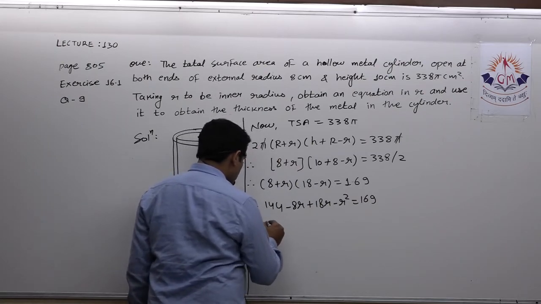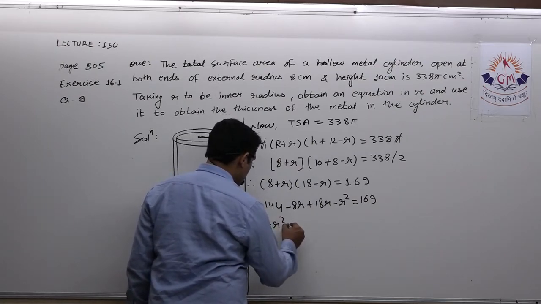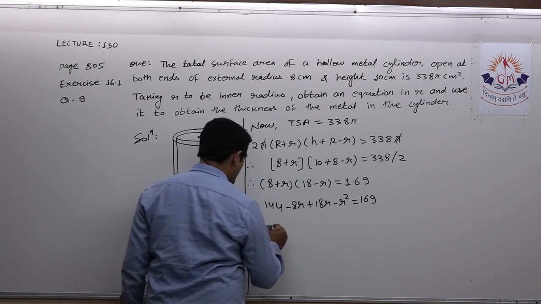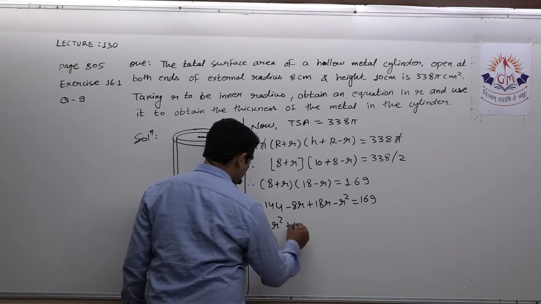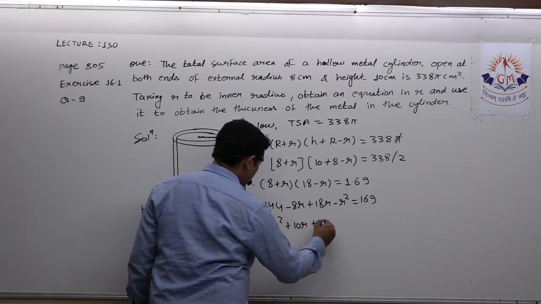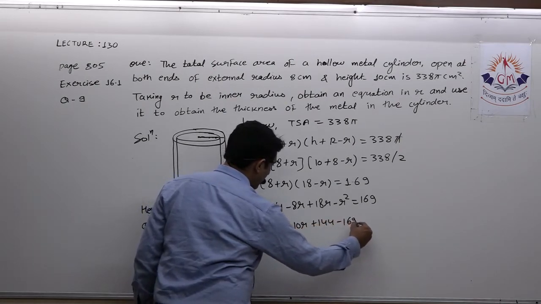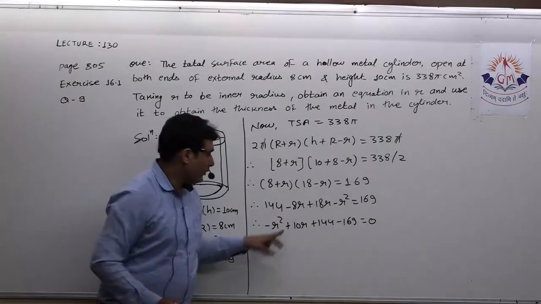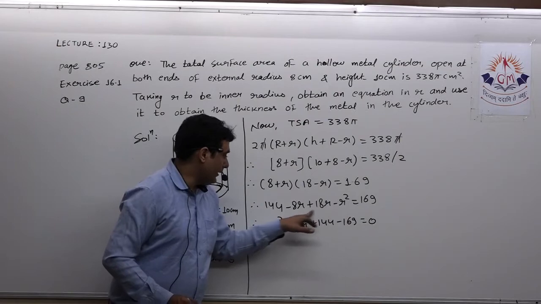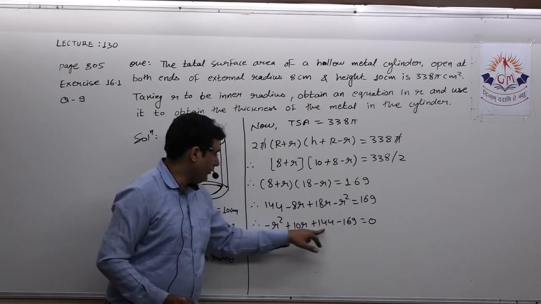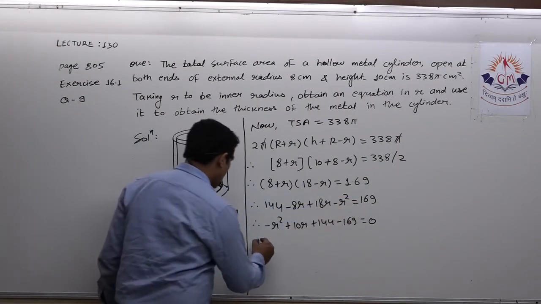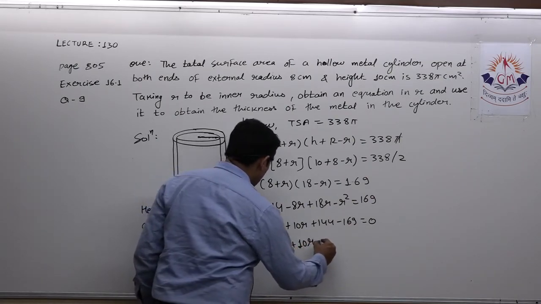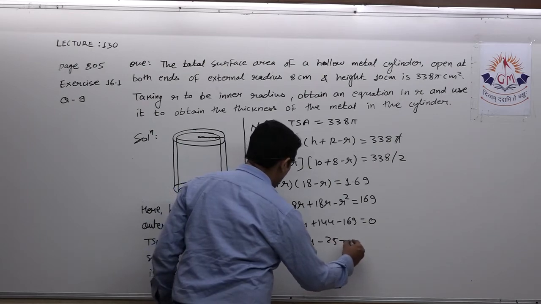So minus r square, okay, or better to write now as it is, minus r square plus 10r plus 144 minus 169 is equal to 0. I wrote first minus r square, then minus 8r plus 18r is plus 10r, 144 as it is, and 169 over here. So this is minus r square plus 10r minus 25 is equal to 0.